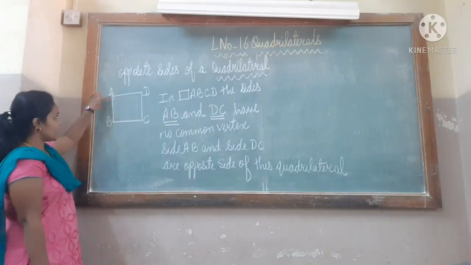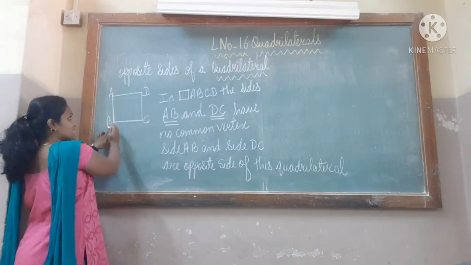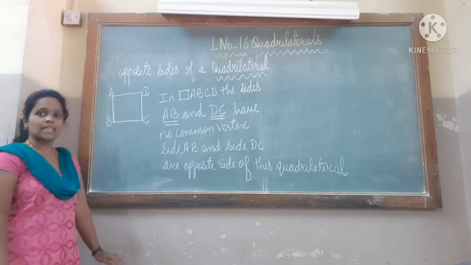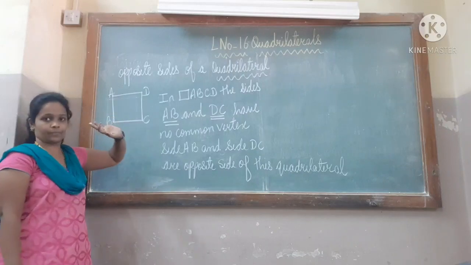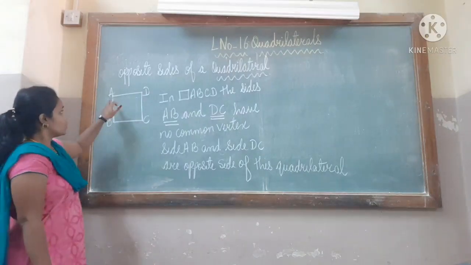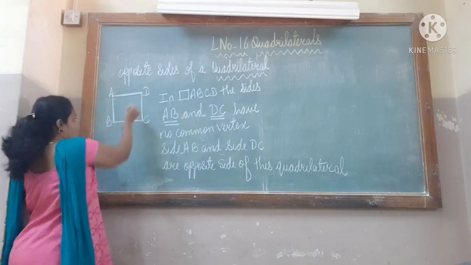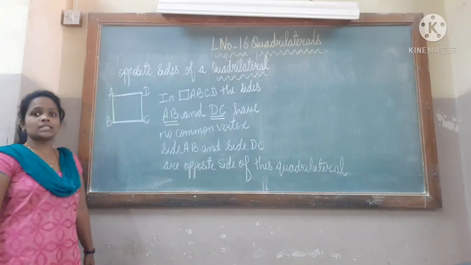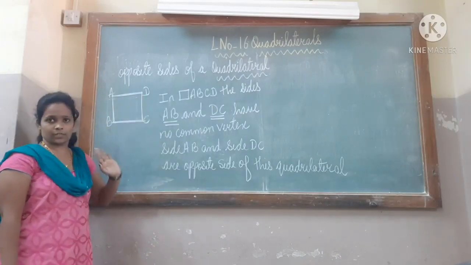See here, side AB and side CD are the opposite sides of quadrilateral ABCD. Got it? There is also one more, that is AD and BC are the opposite sides of the quadrilateral ABCD.